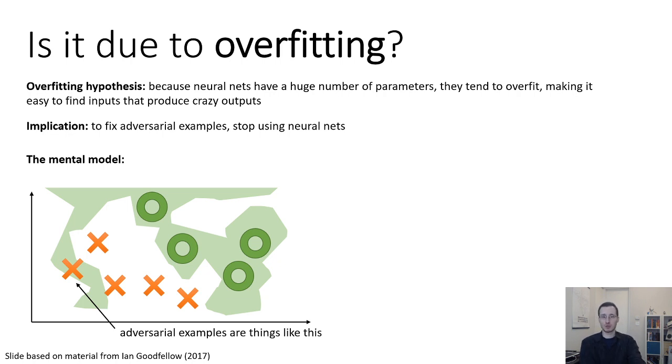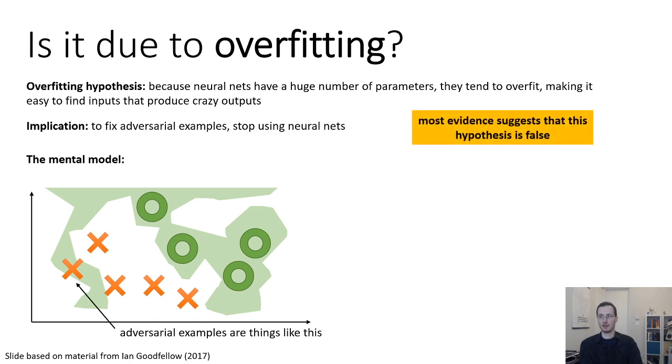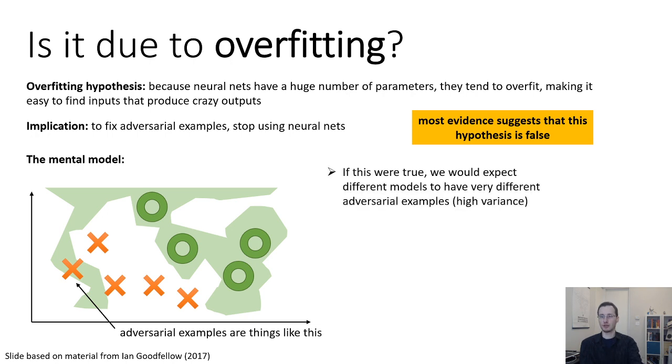Okay? It's a sensible hypothesis if we put together the fact that adversarial examples tend to require very, very small perturbations, and they tend to be pretty problematic with deep nets. However, most evidence that we have today suggests that this is false. It suggests that this is not what is happening. Now, admittedly, this evidence is a little circumstantial, but if this were true, we would expect different models to have very different adversarial examples.